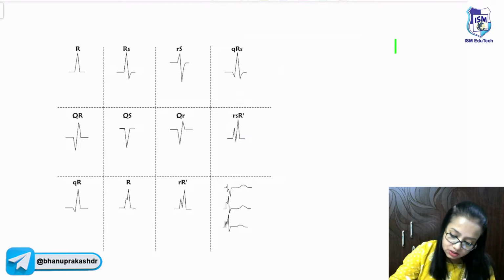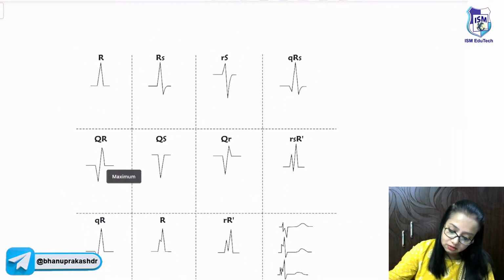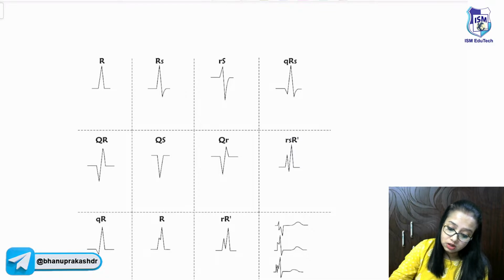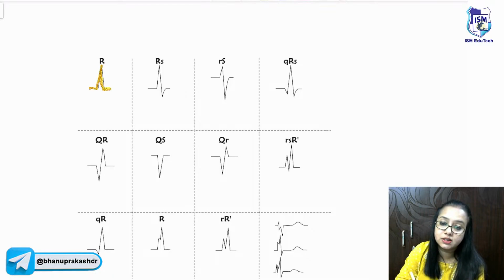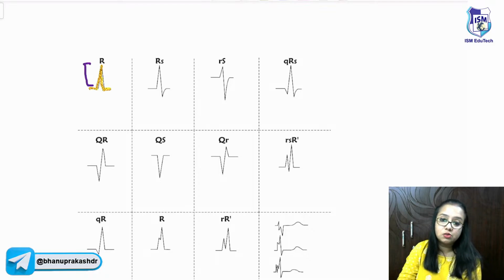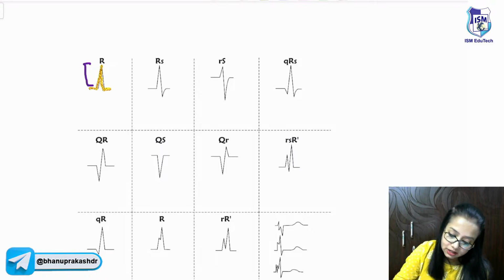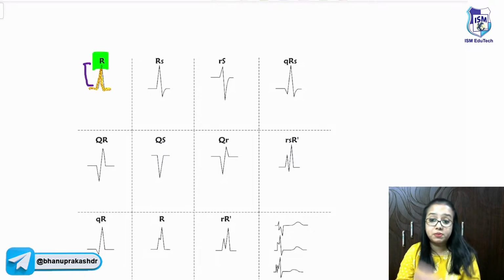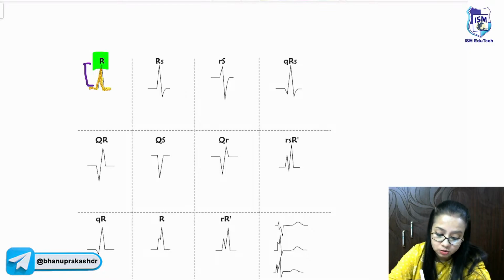In the first one, after the P wave there is only one positive deflection. If the amplitude, the size of the wave, is bigger, then we call it capital R. Why capital R? Because this positive wave is bigger in amplitude.